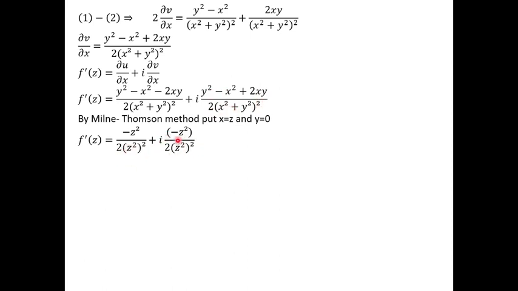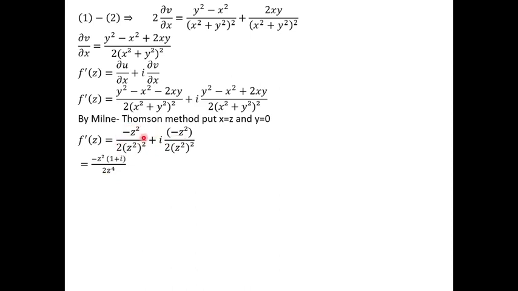Here the denominator is common, otherwise z square cancels. Here also z square is common. So minus z square, take minus z square outside, and also here (2z square) whole square is common, take it outside. The remaining is 1 plus i.